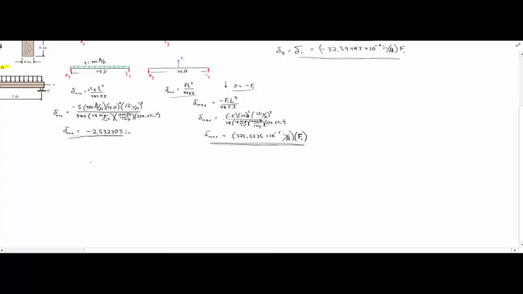Okay, so putting these together, we get negative 2.532305 inches plus 321.5625 times 10 to the negative 6 inches per pound multiplied by F sub 1 equals negative 32.59493 times 10 to the negative 6 inches per pound multiplied by F sub 1.